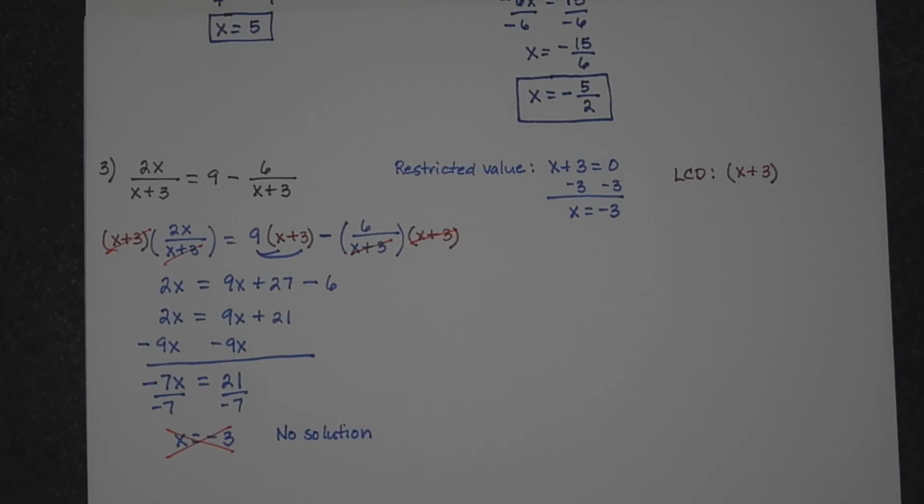And I will warn you, don't think that you're always going to get an equation where the answer is no solution. You will get equations where your solution is different from your restricted value. So do be aware of that. Are there any questions about problem number 3?